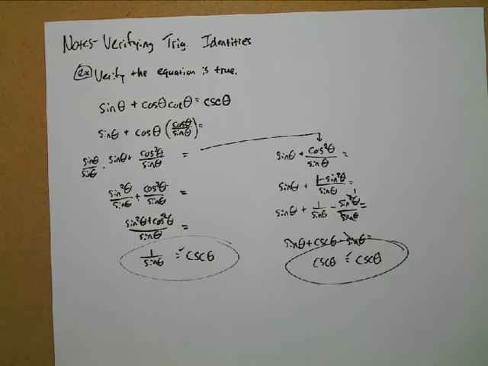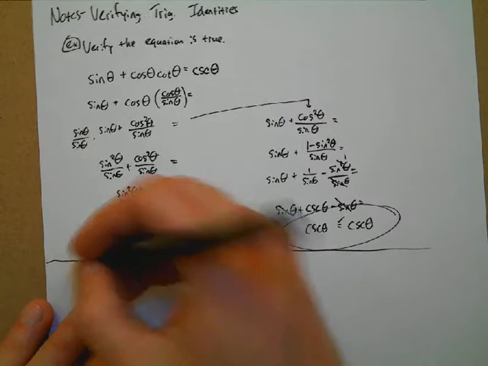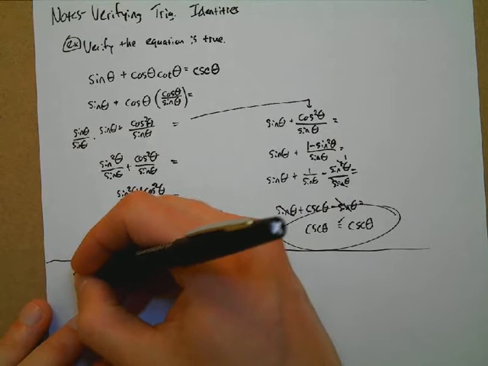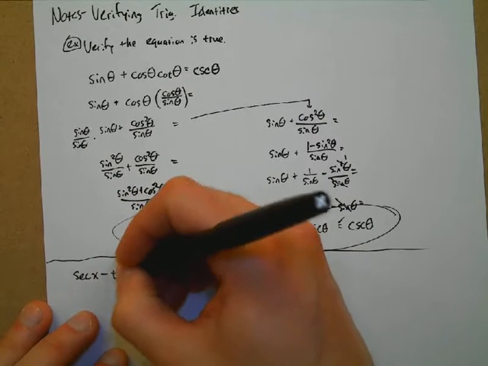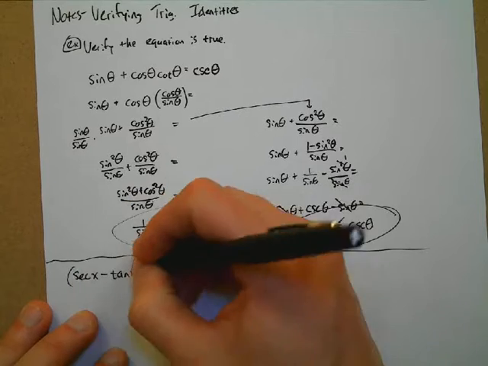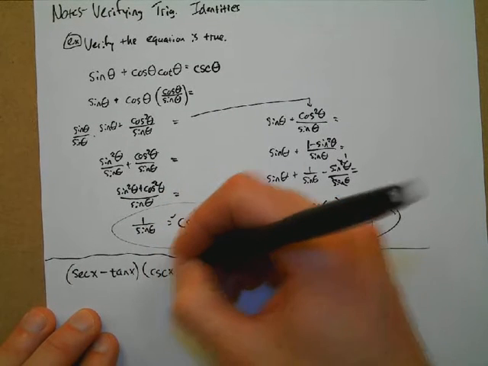All right. So let's try another one here. Secant x minus tangent x times cosecant x plus 1 equals cotangent of x. Okay, so again, we want to verify.